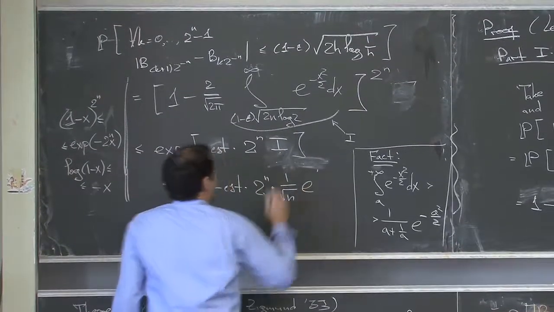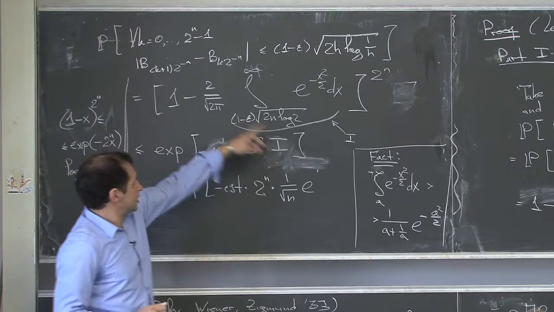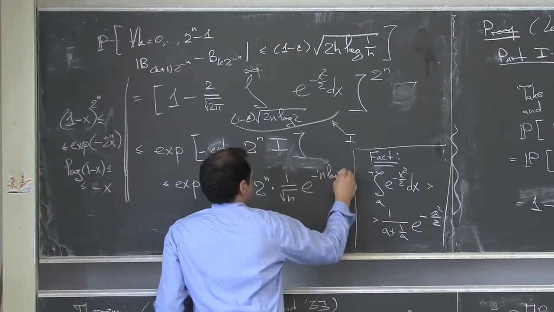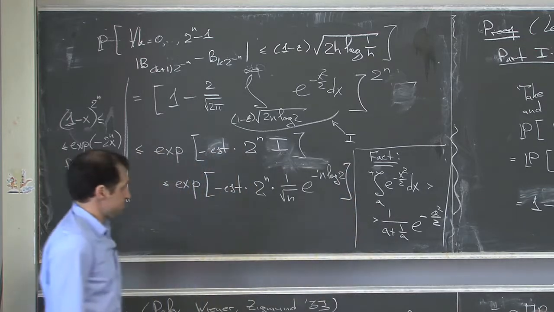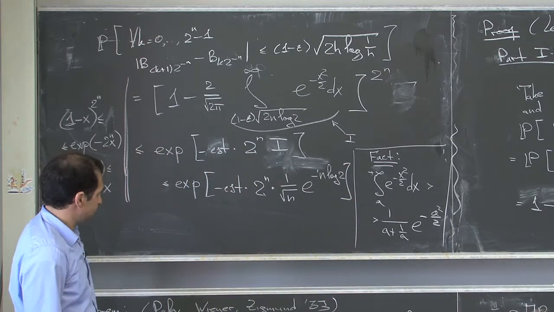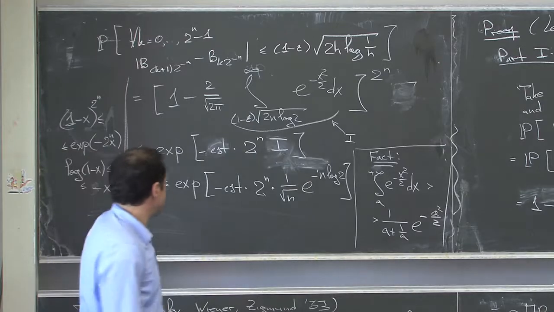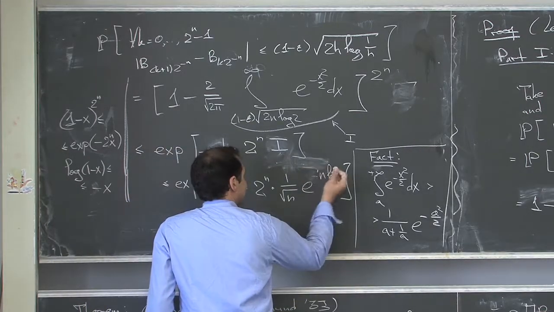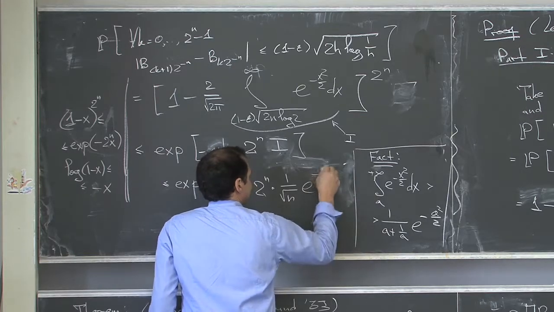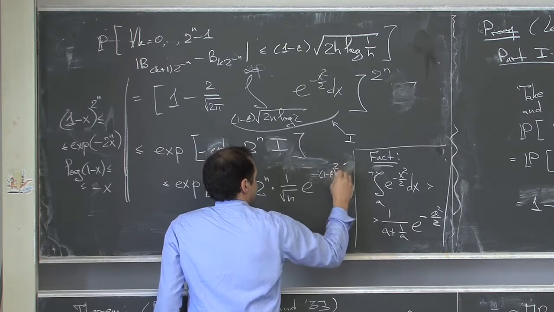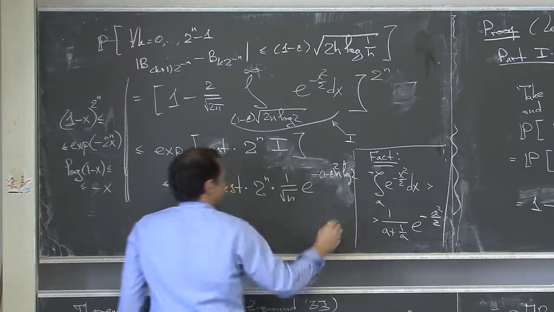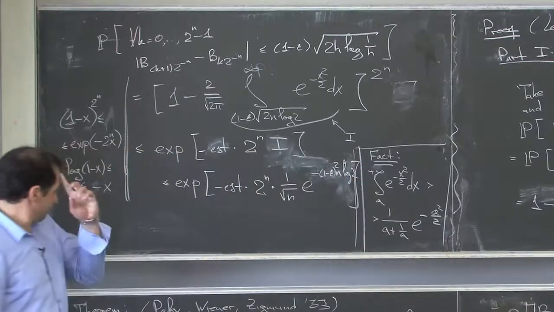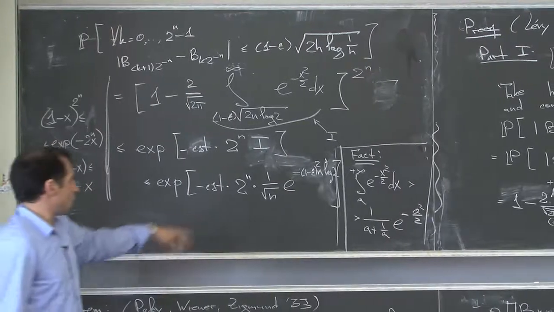And exponential to the square over 2, right? 2 minus n log 2. 1 minus epsilon squared. 1 minus epsilon, yeah, thanks, squared. And log 2. So we are done.